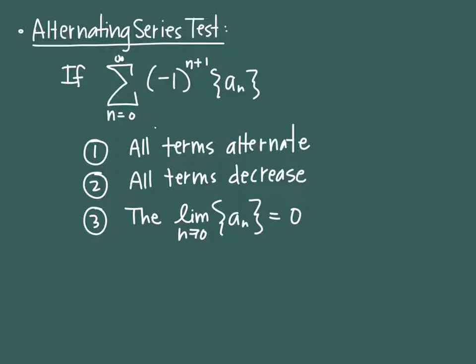So not another constant. The terms have to alternate, the terms have to get smaller, and they have to get smaller in such a way that they approach 0. Not just smaller so that they level off at 2, or somewhere else. Smaller all the way until they get to 0. If those 3 things are met, then the series converges.